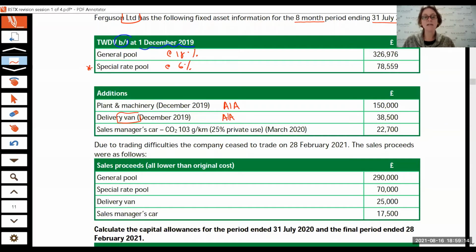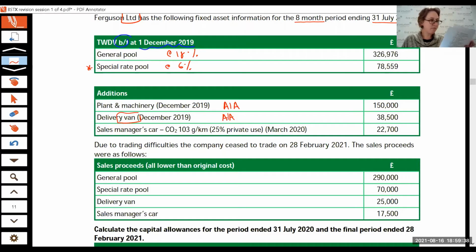Cars, on the other hand, are going to have an FYA, or go to the general pool, or go to the special rate pool, depending on whether they are low, medium, or high emissions. So our car is 103 grams per kilometre. I have to get my tax tables back out.